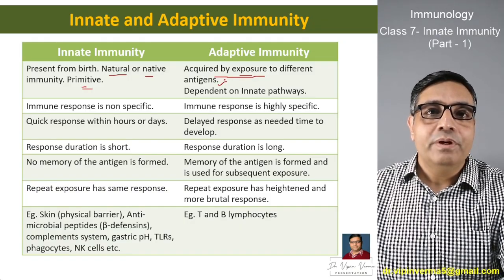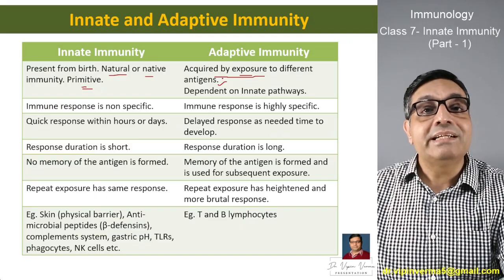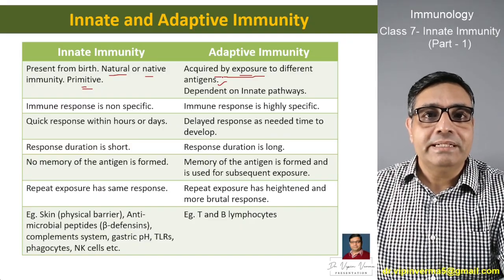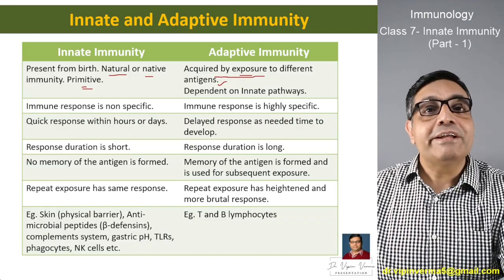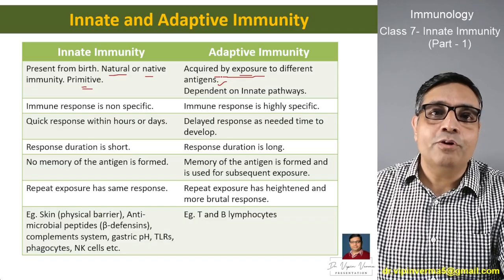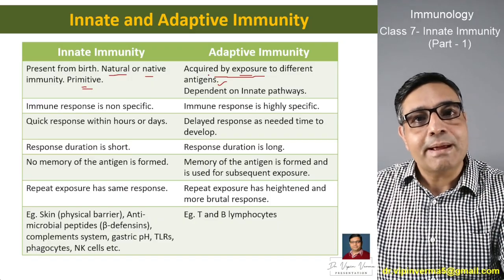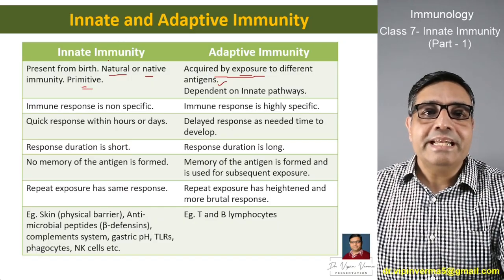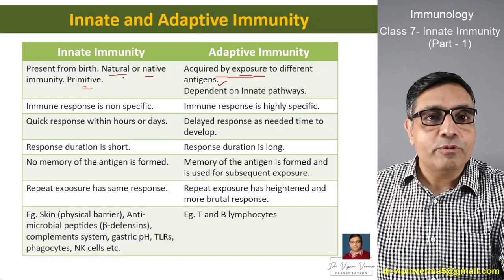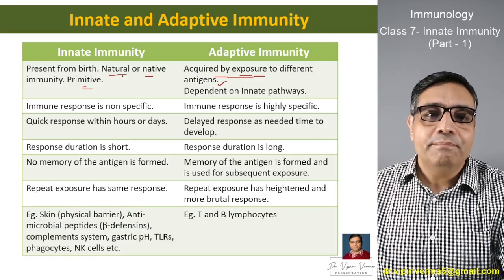As we grow, our acquired immunity increases, because over time we get infections or vaccines, and through these our body starts building immunity. So that is the adaptive part. But innate immunity is a natural form of immunity, present by birth.